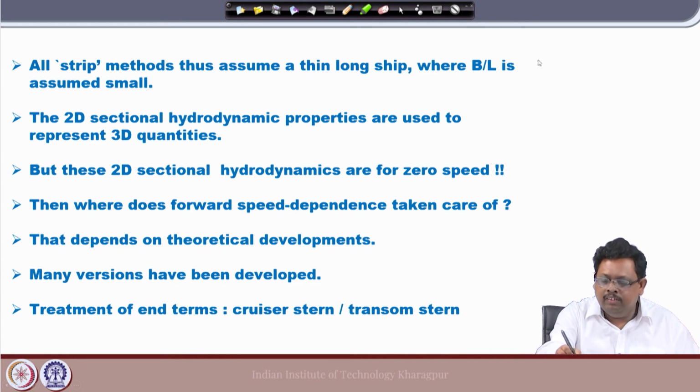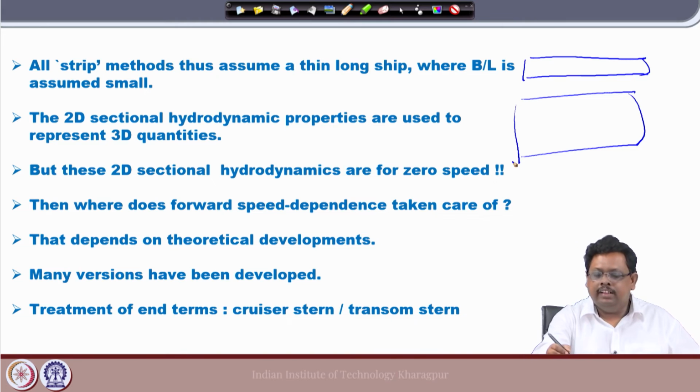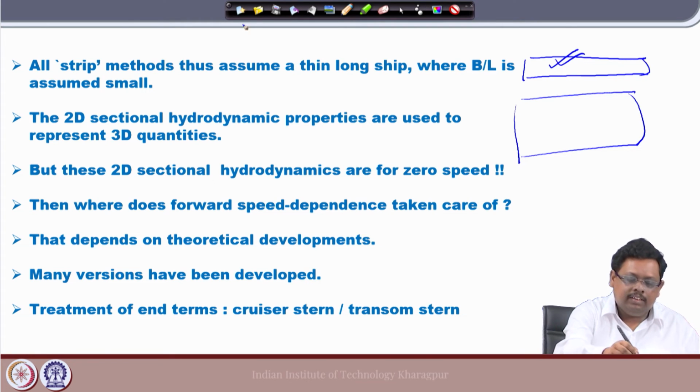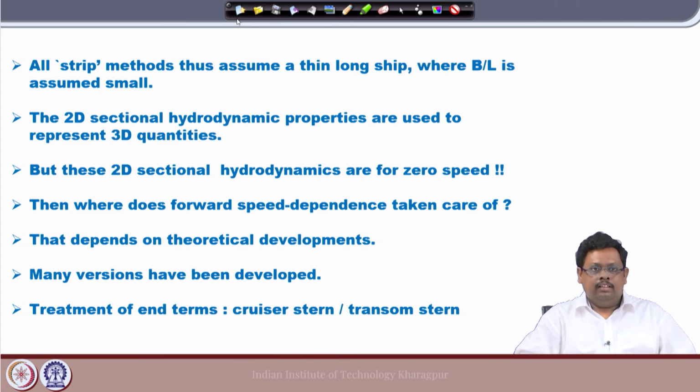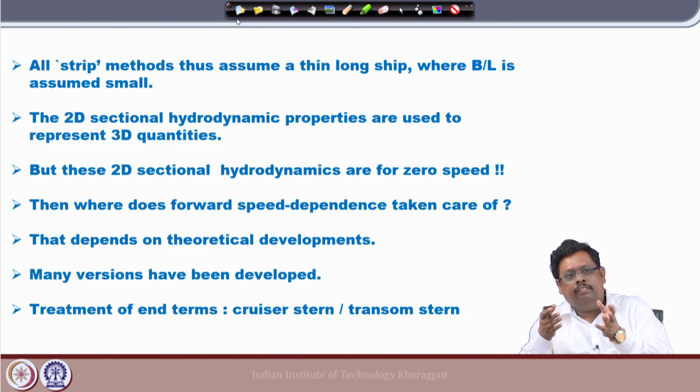That means, if you look from the top, we can assume that the strip is like this, not like this. So this is called the slender body. And the two dimensional sectional hydrodynamic properties we get, and if we integrate them, we get the three dimensional quantity.